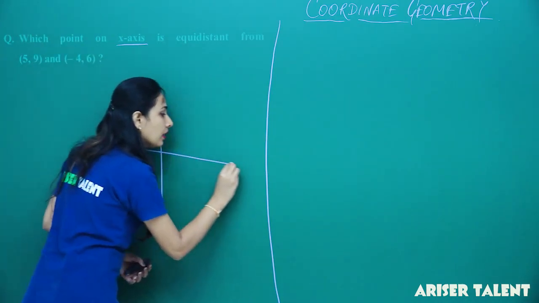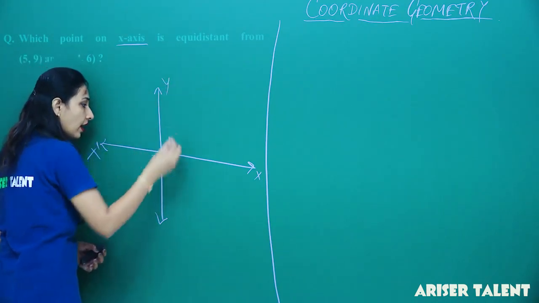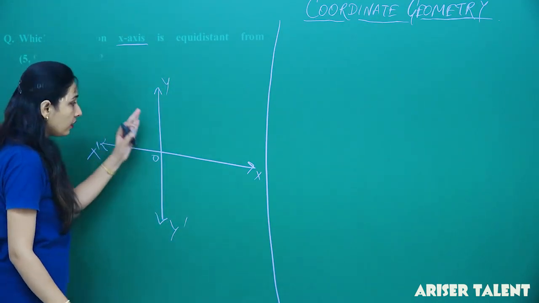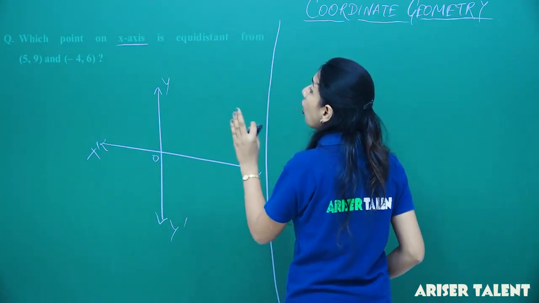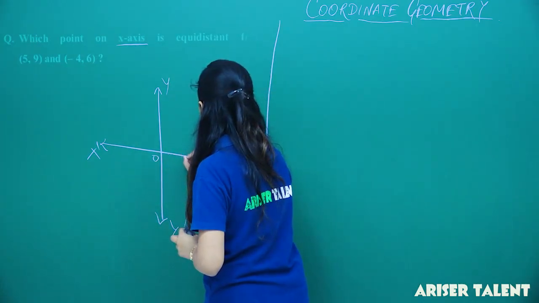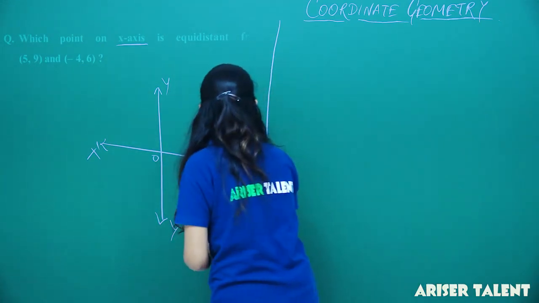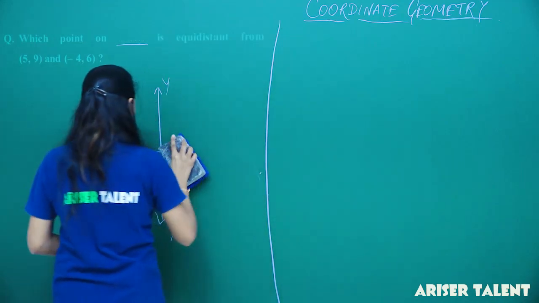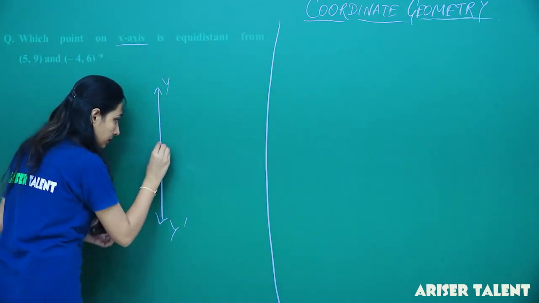So it's saying, if this is our x'ox axis and this is our y'oy axis, then the points are 5, 9. So if I talk about 1, 2, 3, 4, 5, 6, pardon me, this is not perpendicular, right? Okay, so let me make it perpendicular for you.